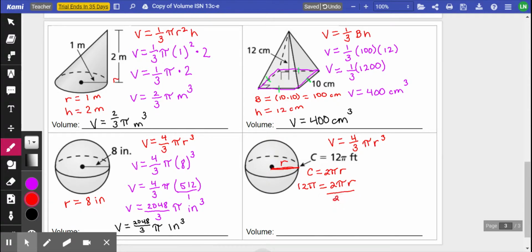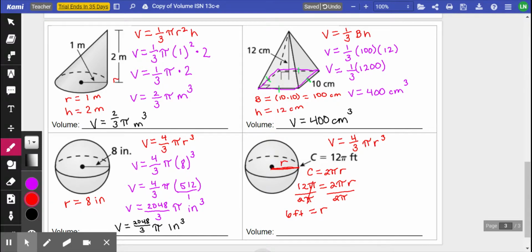So I'm going to divide both sides by 2 pi to get r by itself. Over here, my pi's will cancel because pi divided by pi is just 1. And then 12 divided by 2, we know that's 6. And I should put my units here. So we know that radius is going to be 6 feet.